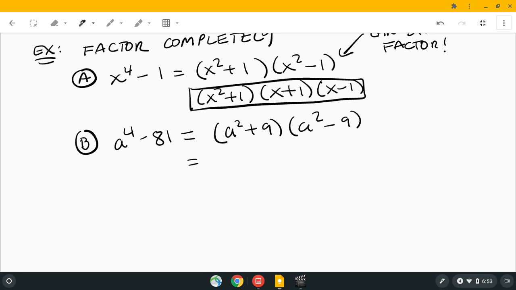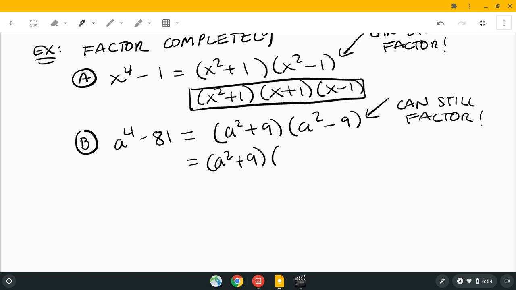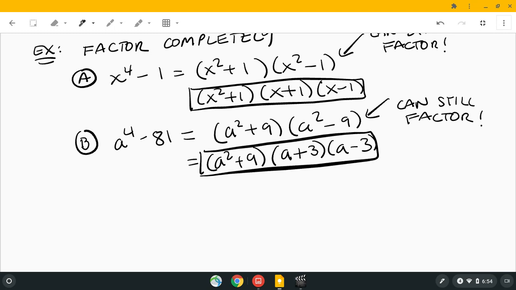And again, right here, you can still factor because we have difference of squares. So I'm going to bring this one down. And now this one is going to be a plus 3, a minus 3. And then nothing else factors. So that is it.